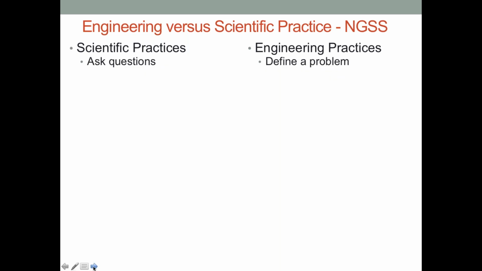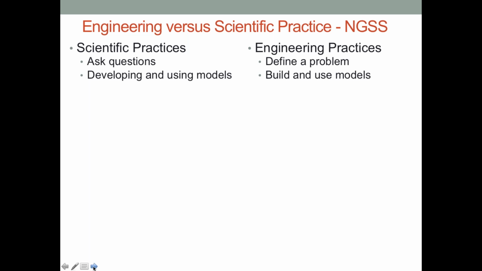So the very first scientific practice for NGSS is to ask questions. For engineering practices, it's defining a problem, and you'll get a little sense of what that looks like in just a few minutes.